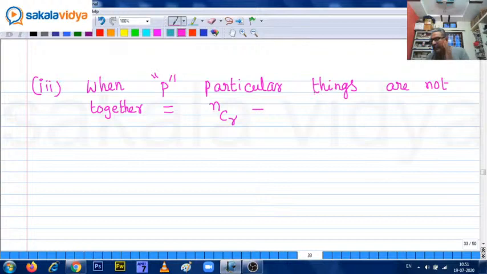P particular things are included means N minus P, C R minus P. This you remember.